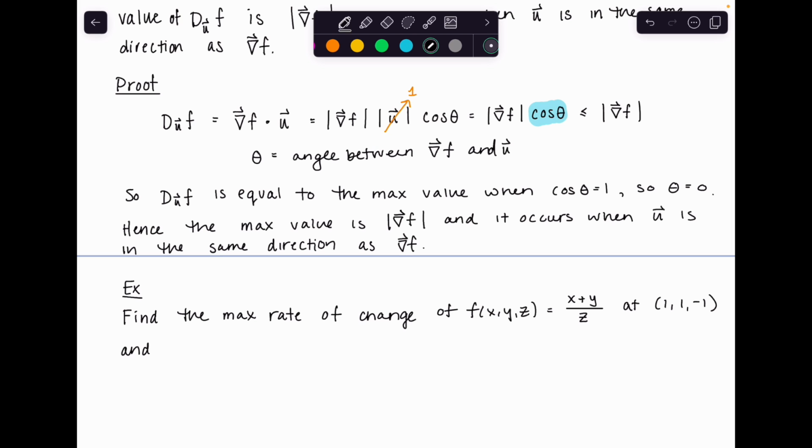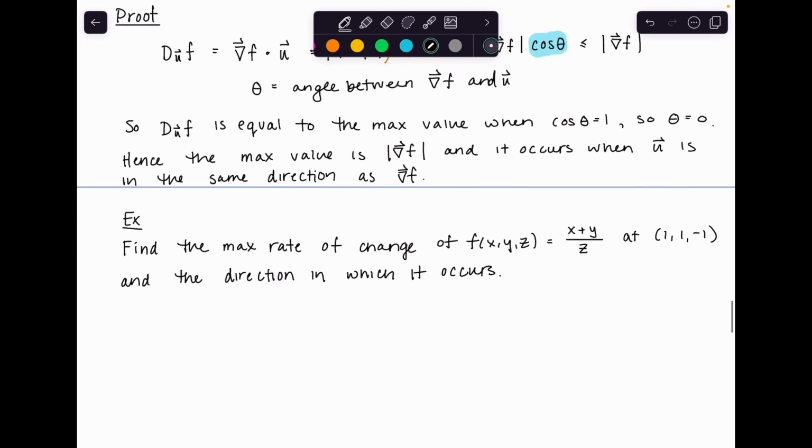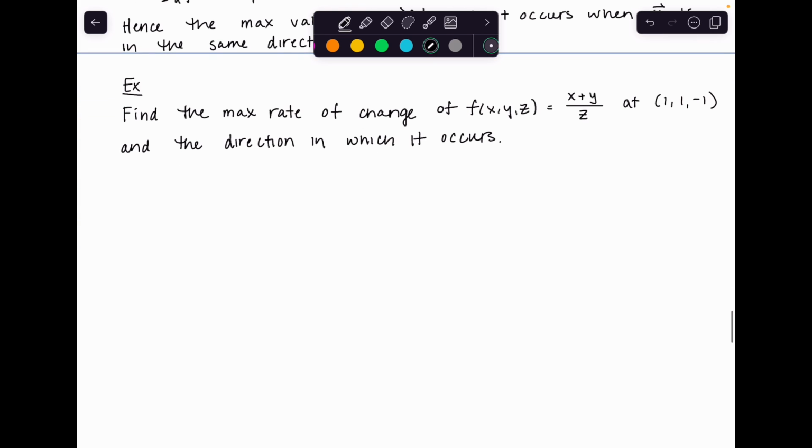And we want to find the direction in which it occurs. So I need to find the gradient vector, and that's going to tell me everything.